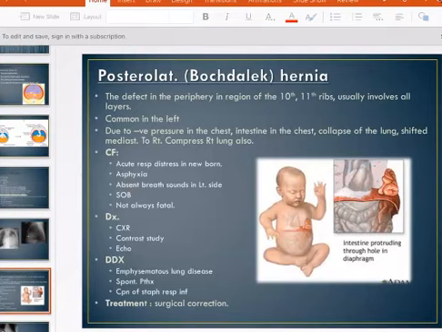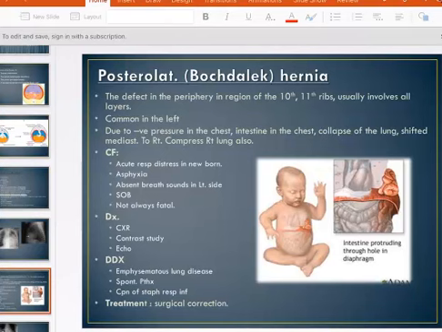The treatment of that one should be surgical correction. There is no place for waiting once it is discovered early; you should deal with it. Here we do a laparotomy, not a thoracotomy, to pull all the abdominal organs back inside the abdomen.